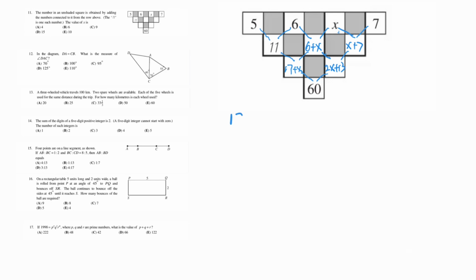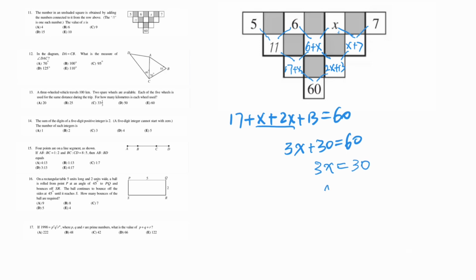So that's 17 plus x plus 2x plus 13 equal to 60. x plus 2x, that's 3x. 17 plus 13 is 30, equals 60. So 3x equals 60 minus 30, that's 30. So x equals 10. So the answer is E.